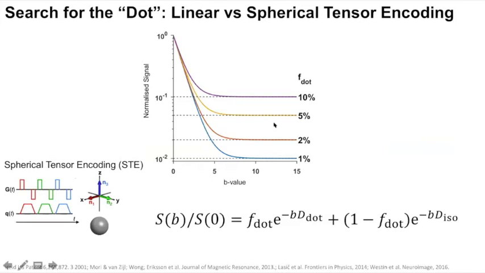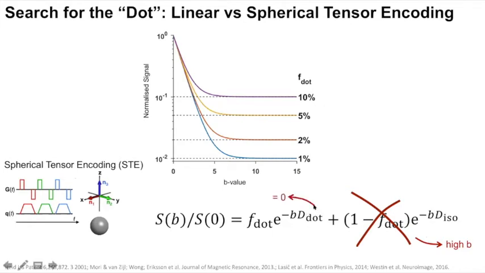And if you have a perfect dot compartment, at high B values, any other compartments that are there will become suppressed, because there is diffusion and you're sensitive to diffusion in any direction. So the signal from those compartments will decay away very fast.